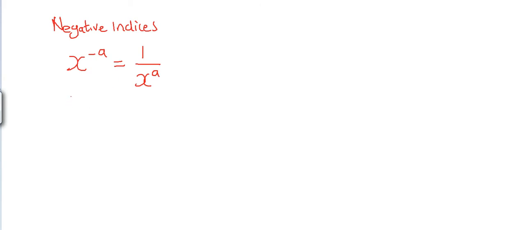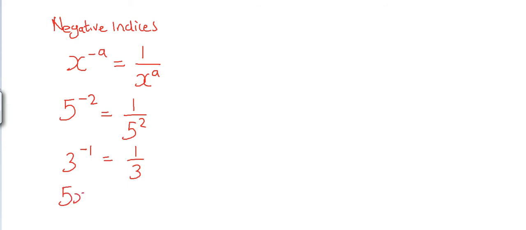Let's use an example. 5 to the minus 2 is the same as 1 over 5 squared. 3 to the power of minus 1 is 1 over 3. And 5x to the minus 2 is simply 5 over x squared.